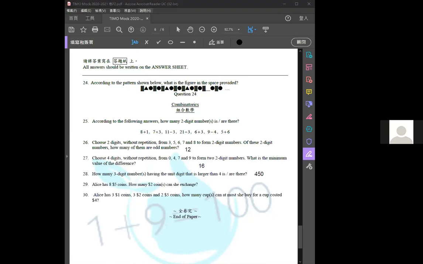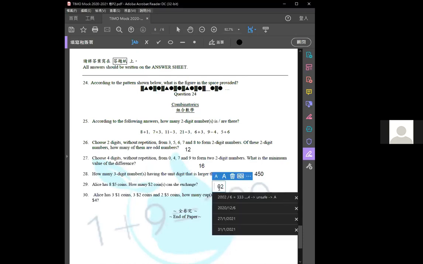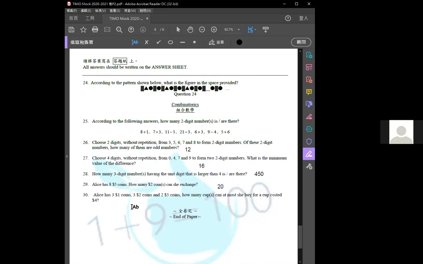For 29, let me give you the answer for both of them first. The answer is 20 for question 29, and the answer is 4 for question 30. The answer for question 29 is pretty easy. 8 times 5 is $40 in total, divided by 2.